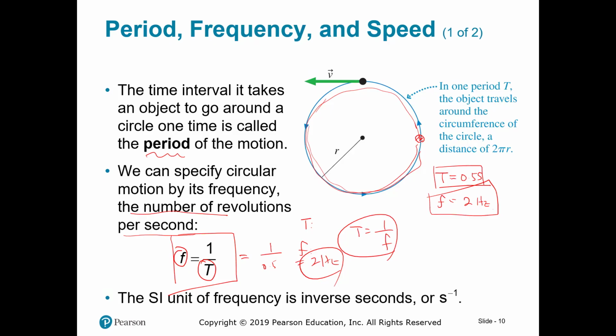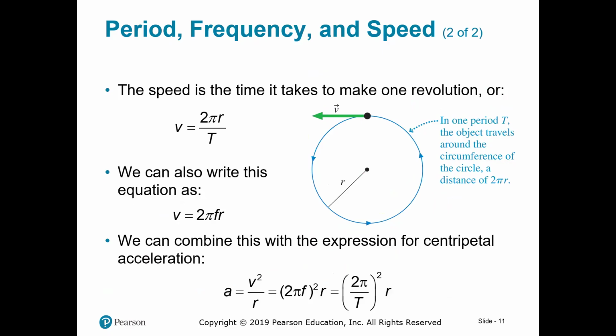But mathematically, as you see here, if you know one of them, you can find the other one immediately, right? So mathematically, they are equivalent. And then another concept here is the velocity. So the velocity, for the circular motion, assuming again you start from here and then come back here.